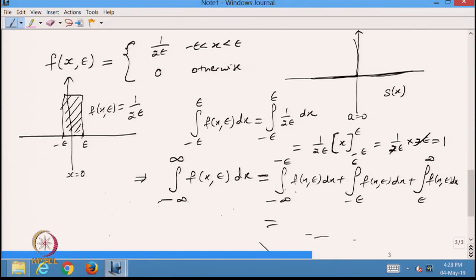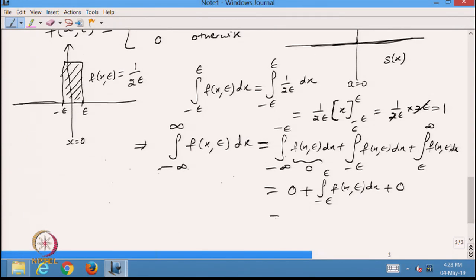The value of this function is 0 from minus infinity to minus epsilon, and it is 0 from epsilon to infinity as well. So this will be 0 plus the integral from minus epsilon to epsilon f x epsilon dx, which we already know is 1, plus 0.